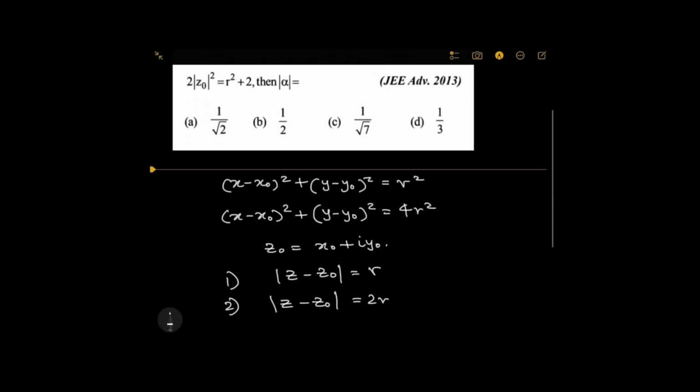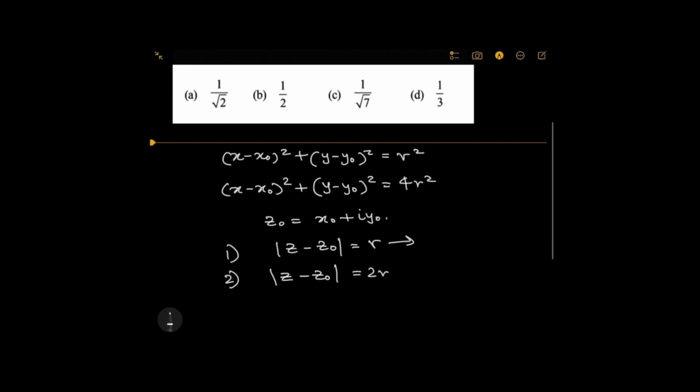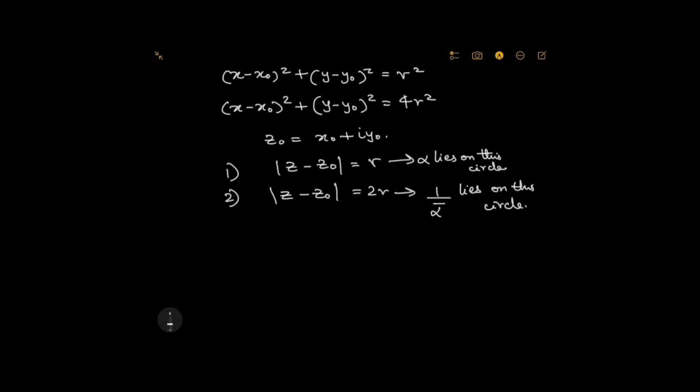Now we are given that alpha lies on this circle, and 1 over alpha and 1 over alpha bar lie on this circle. Fair enough. So let's form the special case by putting alpha.